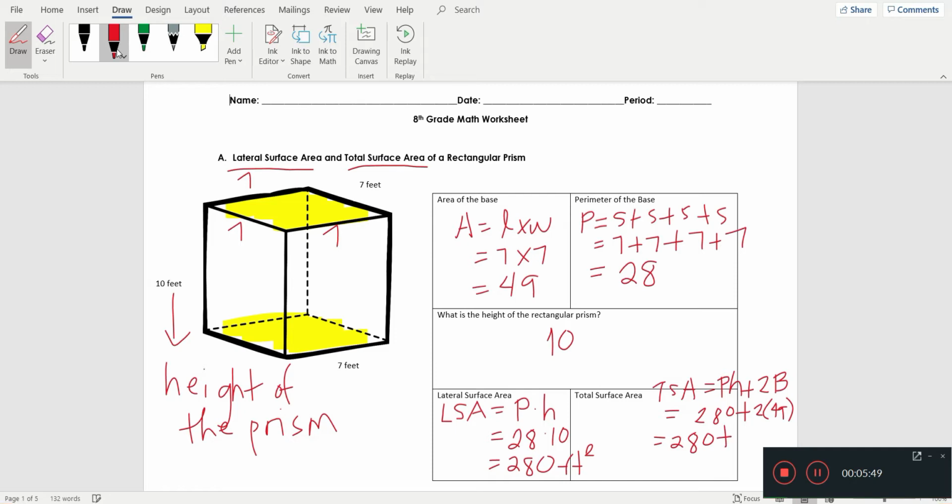Then you multiply 2 times 49. You can get your calculator and solve for that. The answer is 98, right? And when you add this, 98 plus 280, the answer is 378 feet squared.